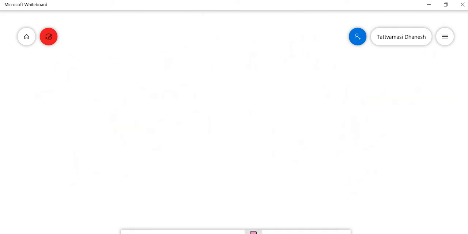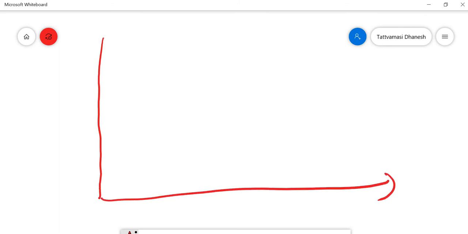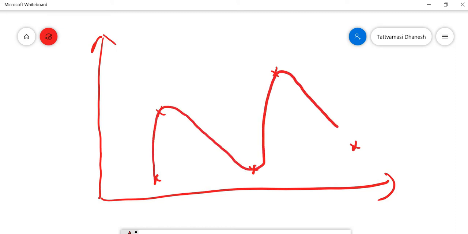I am using the red color here. So our points again I am plotting here. This is the first point, the second point, the third point, fourth point, like this. So I am coming up with another model. This is a curved line.